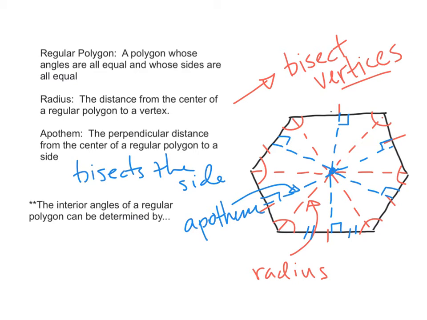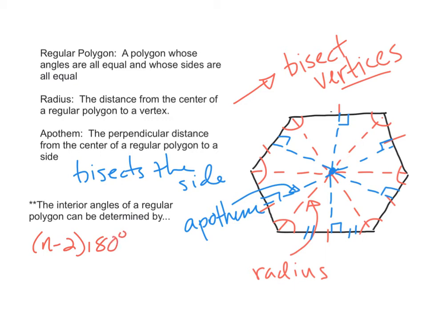Okay, lots of stuff there. And the last thing here is, in regular polygons, we said all the interior angles, all these angles right here are all the same. But it would be helpful to know what those angle measurements are. Well, there's a way to figure what the sum of those angles are. And it's a nice little formula, and that formula goes like this. It says the interior angles of a regular polygon can be determined by the sum, which would be n minus 2 times 180 degrees.